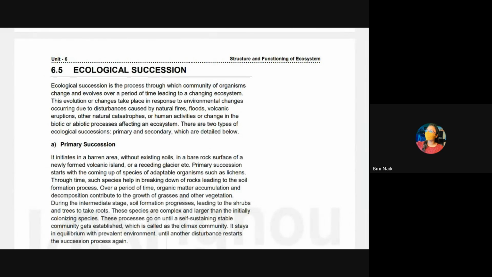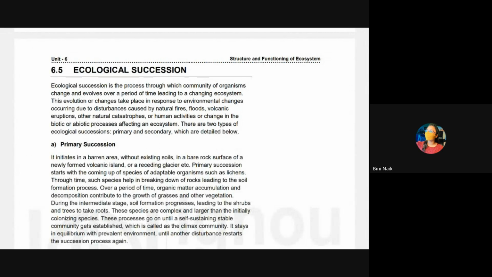Then from the microorganisms, a few animals might have developed. This is the ecological succession. Ecological succession can be divided into two types: the primary succession and the secondary succession.